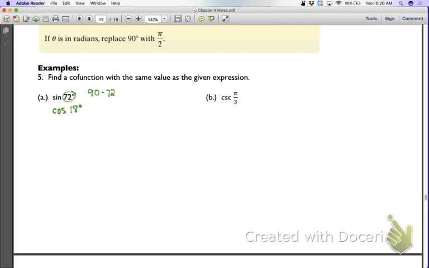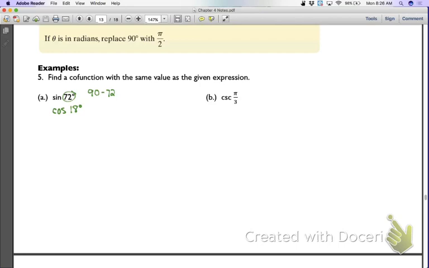The ones that are going to be a little tougher are not so much too terribly difficult, but if it's in radians, you're going to want to replace the 90 degrees with pi over 2.